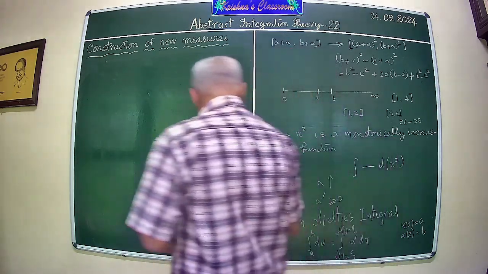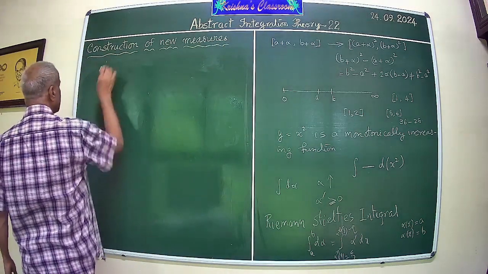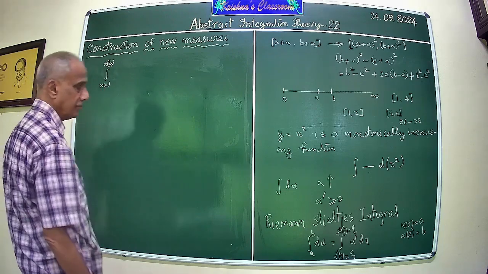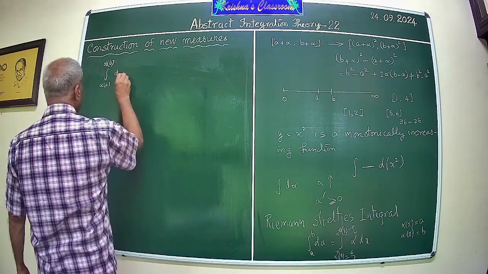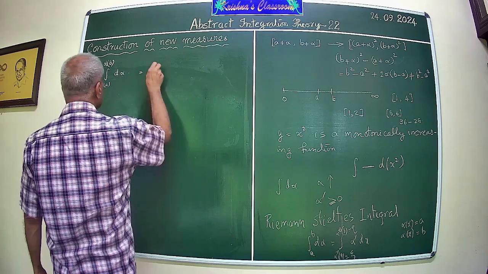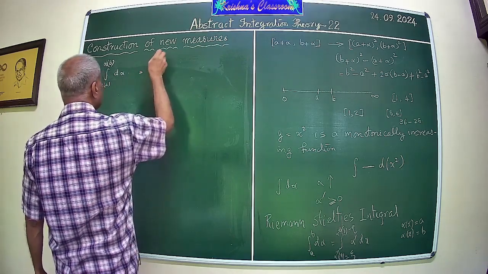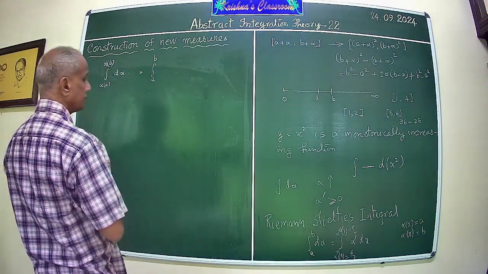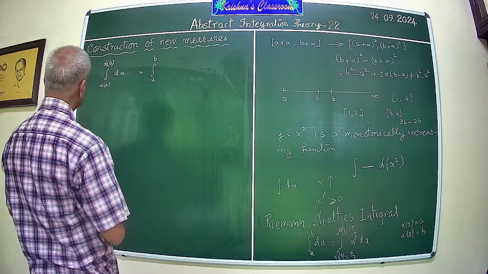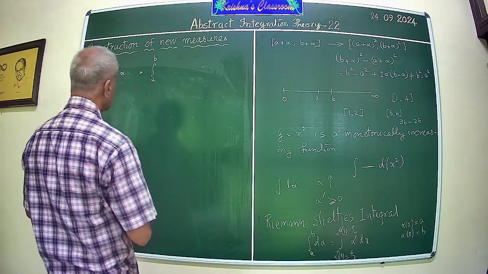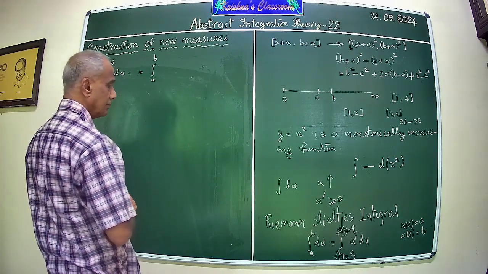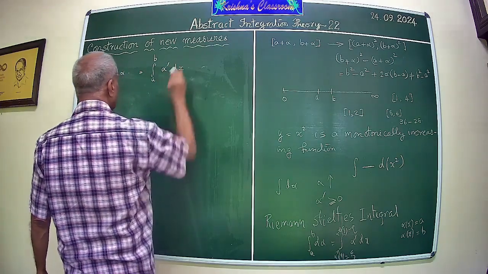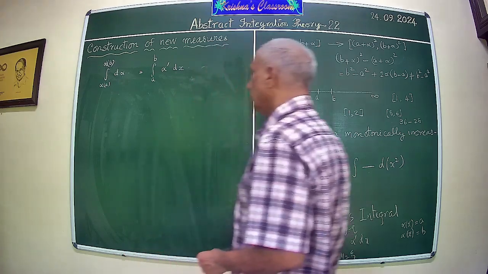Suppose this is from integral alpha a to alpha b of d alpha equal to integral, the measure.